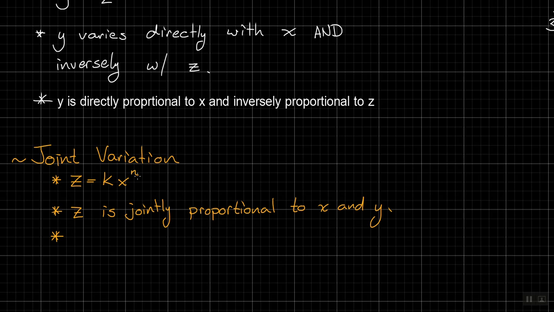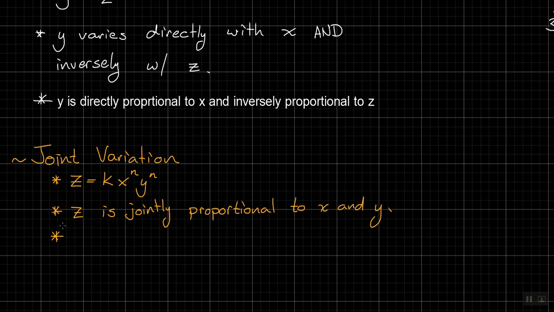You do not need to write this if you don't want to. kx is just fine. I'm using n for a particular reason. And it varies jointly with x and what? y. And I'm writing the n just to show you that it could be direct joint variation of the first power, so kxy, but it could be kx squared y cubed or something as well, and it'd say varies jointly with the square of x and the cube of y. And you would see that language show up. I just don't want to write it twice.